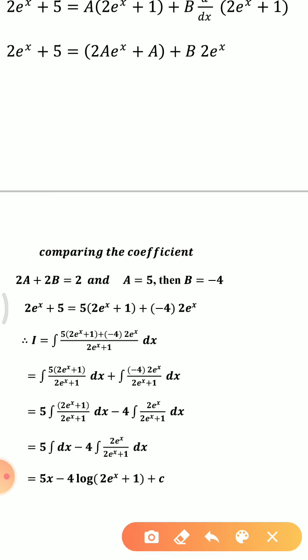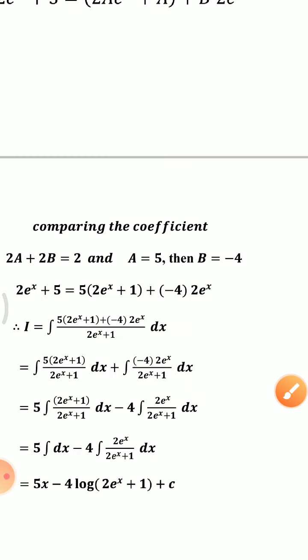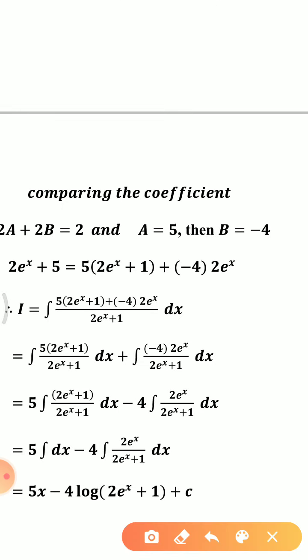Then the new integration form is the integration of 5 into 2 e raised to x plus 1 plus minus 4 into 2 e raised to x upon 2 e raised to x plus 1 dx, the denominator as it is, only changing the numerator.